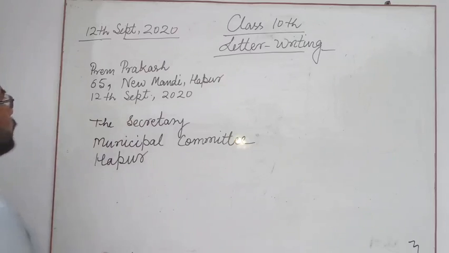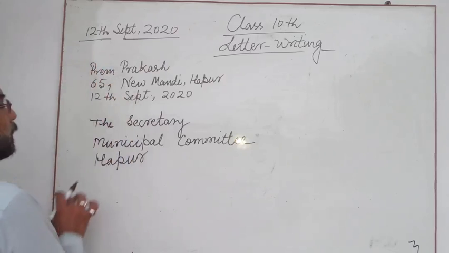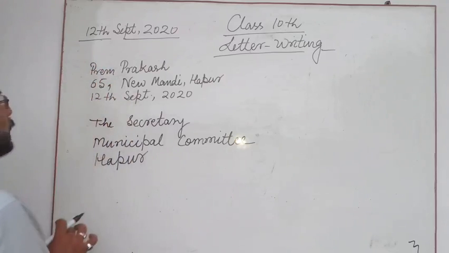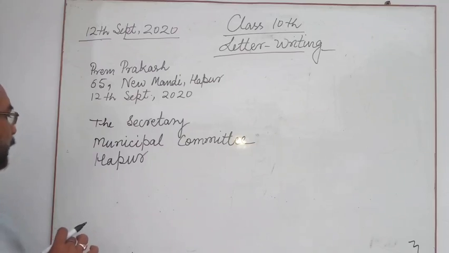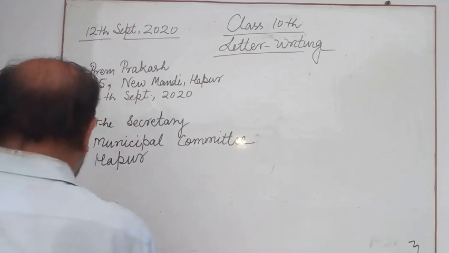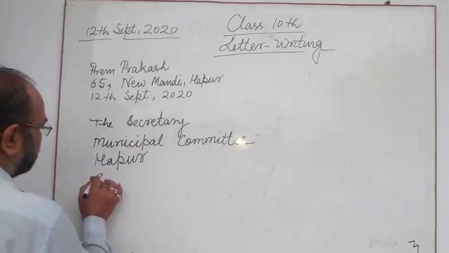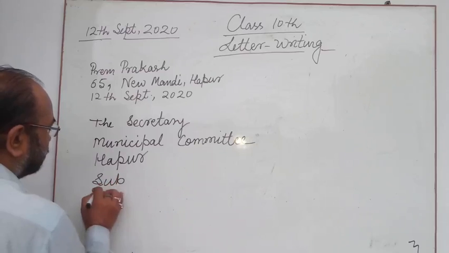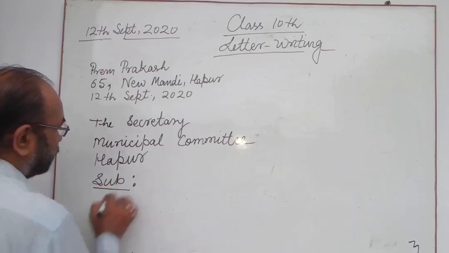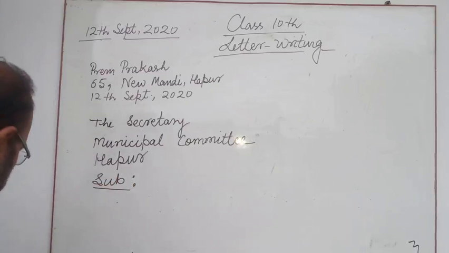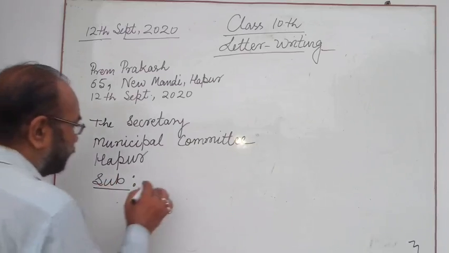And what I have told you, first is sender's address, second is date, third is receiver's address, and fourth is the subject. On what subject are you going to write? So the subject is request for a children's park.